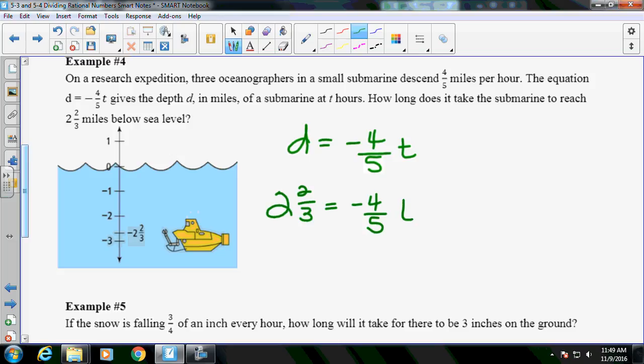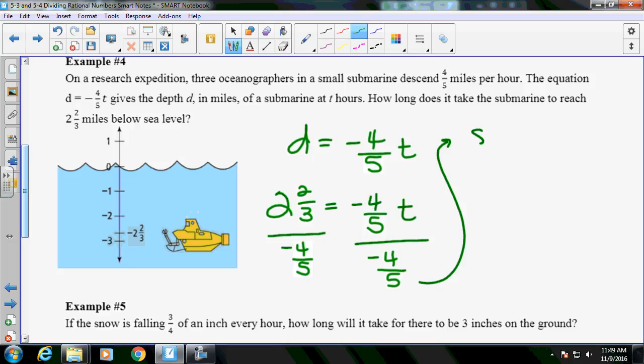-4/5 t. So we have to divide both sides by -4/5 to get t by itself. When I do that, I'm going to come to here. Remember, I can't have a mixed number, so 2 2/3 becomes 8/3, divided by -4/5.